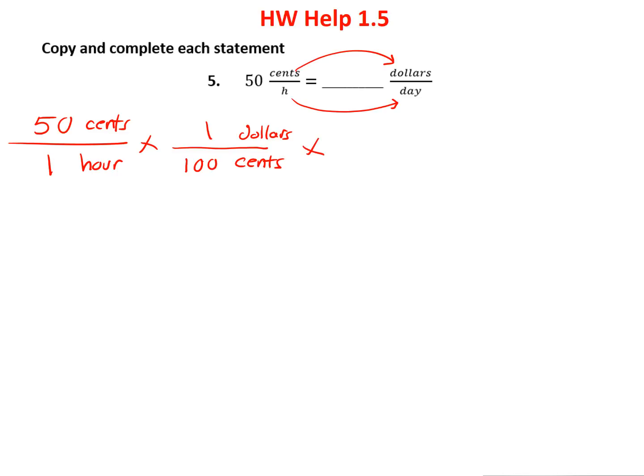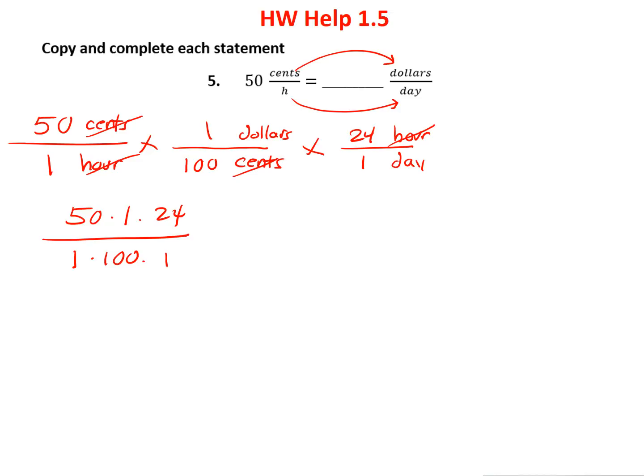And now hours to day. Now notice we want the day on the bottom. And to get rid of the hour, we'll put the hour on the top. How many hours are in a day? 24 hours in a day, so it's 24 hours equals 1 day. So notice when I multiply, the cents will cancel out, the hours will cancel out. On my top, I'm going to have 50 times 1 times 24, divided by 1 times 100 times 1, and I'm going to have dollars per day.